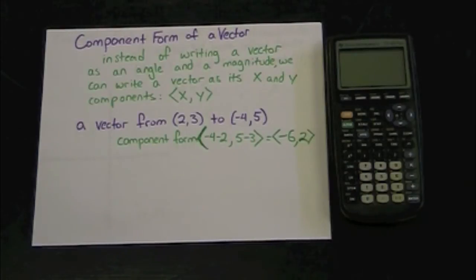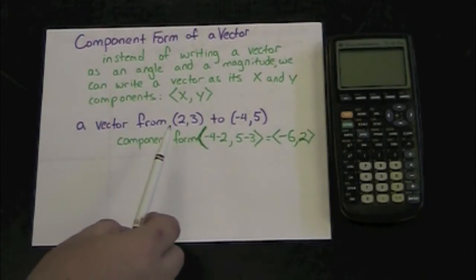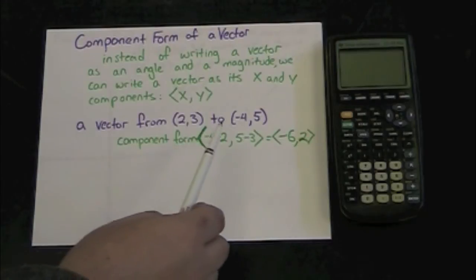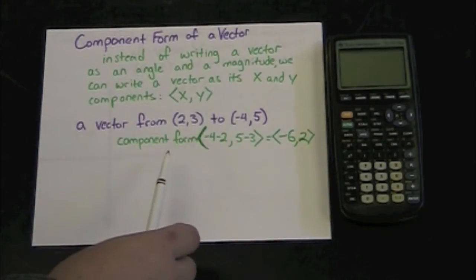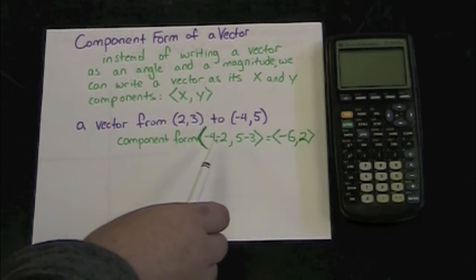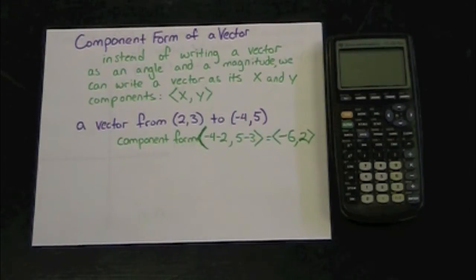So instead of writing a vector as an angle and a magnitude, sometimes, and pretty often actually, we write a vector as its x and y components, x comma y, and again those pointy brackets are what we're going to use to denote that we're talking about a vector instead of a coordinate. So a vector from the point 2 comma 3 to the point negative 4 comma 5 could be written in component form as negative 4 minus 2 comma 5 minus 3, or negative 6 comma 2.